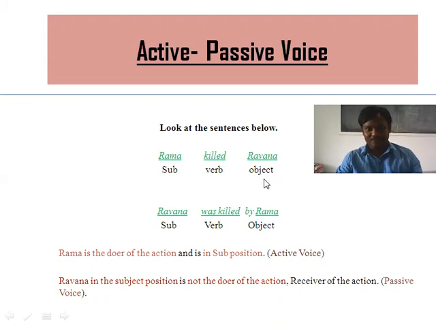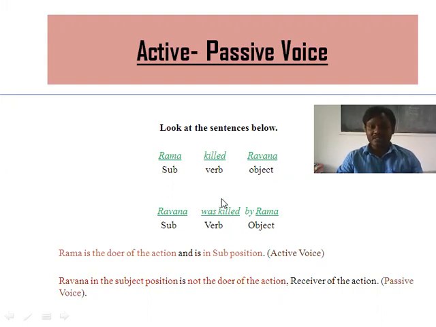receiver of the action. When we are transforming an active sentence into passive, we do certain things. The first one is the object is written as the subject, and the subject is written at the position of the object, and this active verb is to be transformed into a passive verb. A passive verb is formed with the addition of a be form verb.